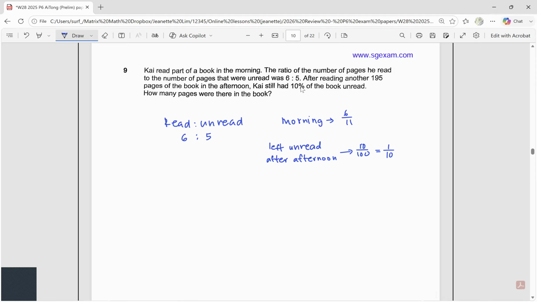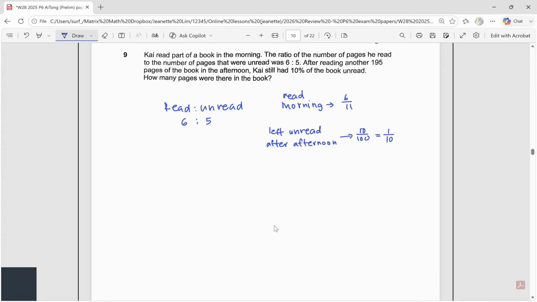This is read in the morning. So your total is 1 whole. You minus away what is being read in the morning, you minus away what is left unread. You would get the fraction that is read in the afternoon.